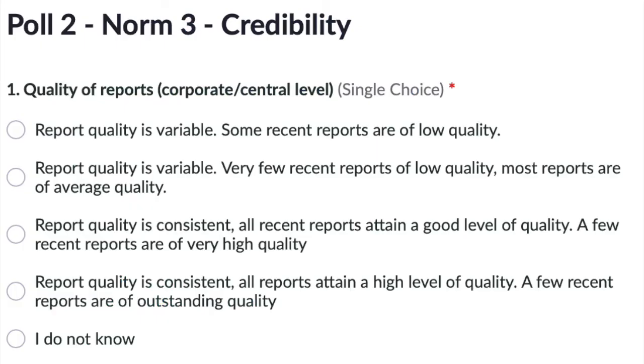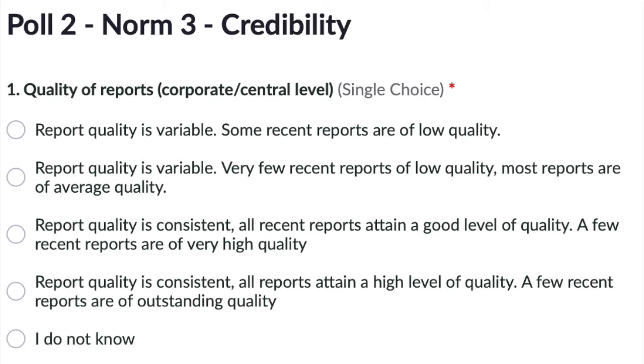So you can see there again, like before, 5 different answer options, and one is I do not know. You can now start reading the answer options. Again, the first one is the lowest, and the last one is the highest level in terms of scoring.